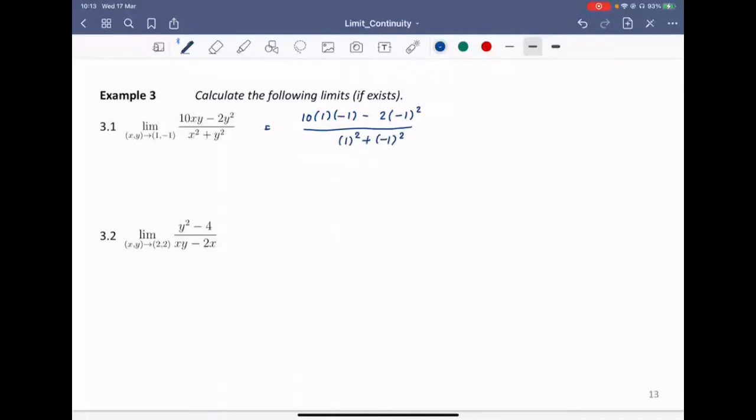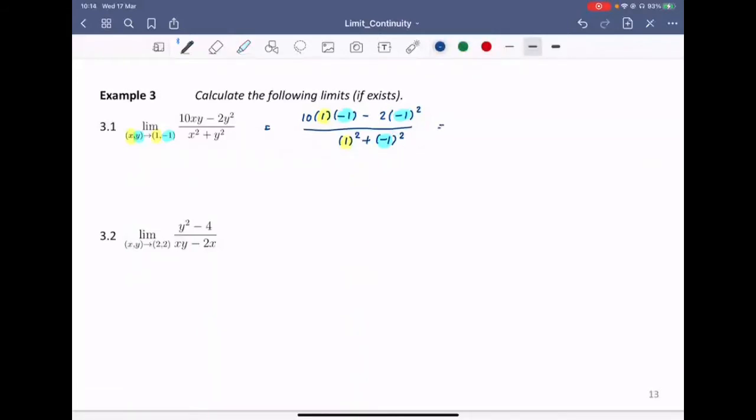This is a similar thing as in Cal 1, but you replace x equal to 1 here and y equal to -1 here, and then you just compute. If at the end you get a real number, you're good to go, you're done.